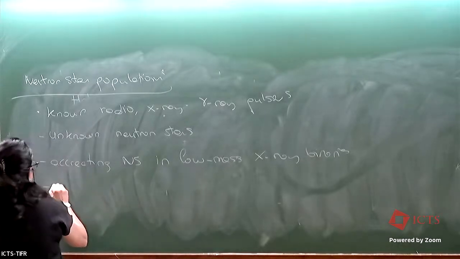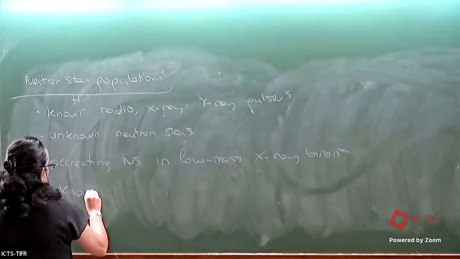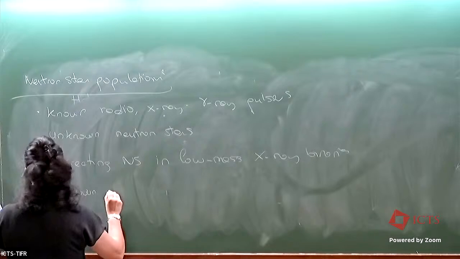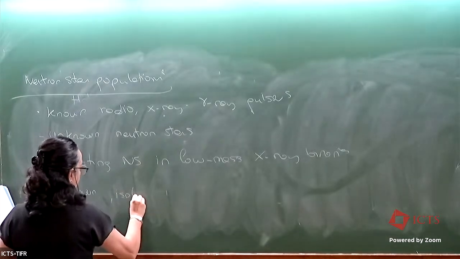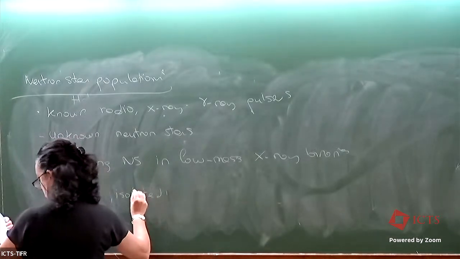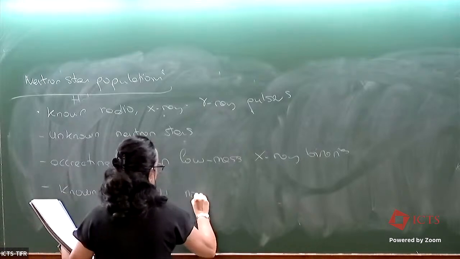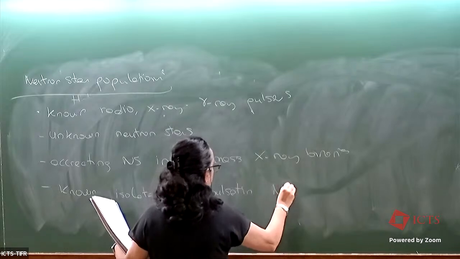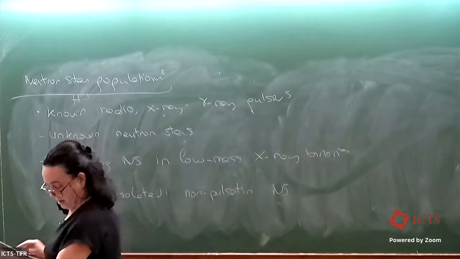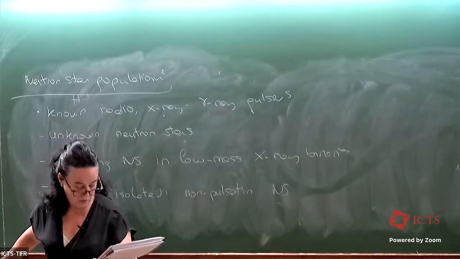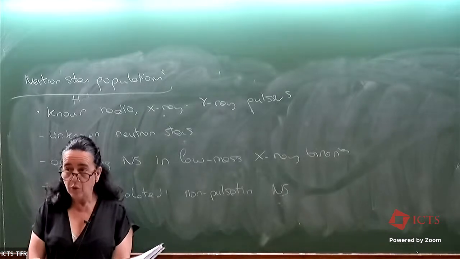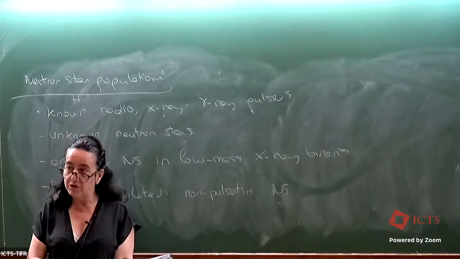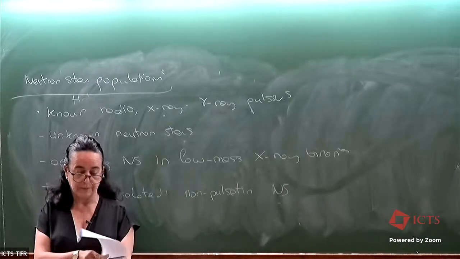Or another group is known, isolated, but non-pulsating neutron stars, in which the position will be known, but I will be forced to search over the frequencies and the frequency derivatives.